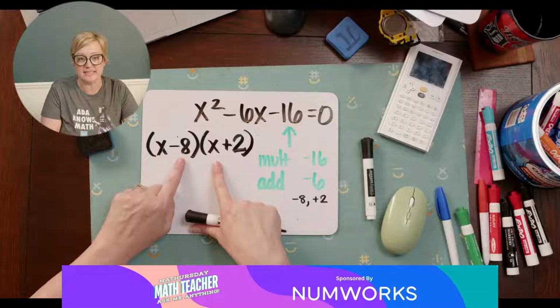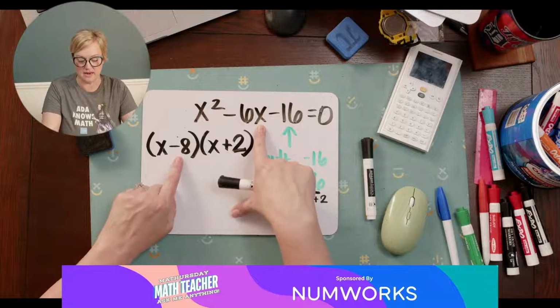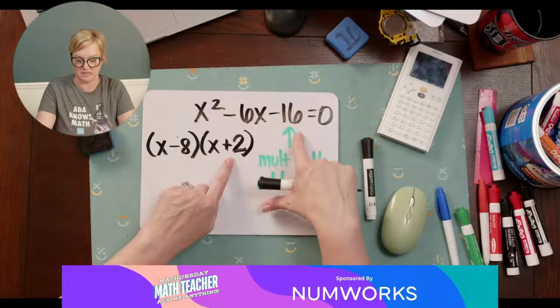So 2x minus 8x is -6x, and -8 times 2 is -16.